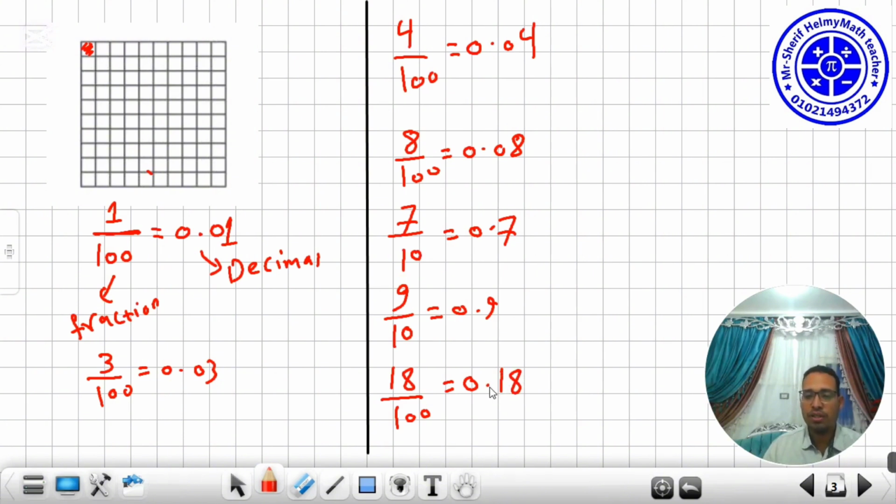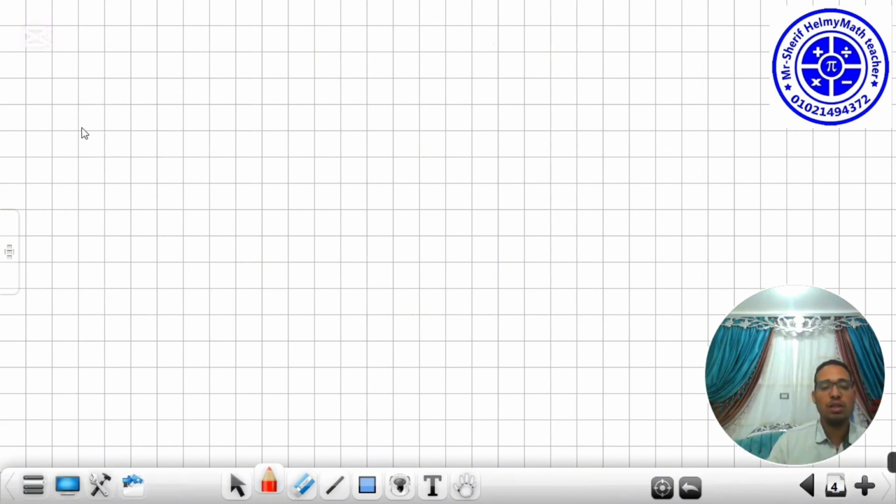Because the decimal point is after 2 digits, look, 1, 2, and the decimal point. If the denominator is 100, 2 zeros here, the decimal point must be after 2 digits. If the denominator is 10, so here we have 1 zero, the decimal point will be after 1 digit.